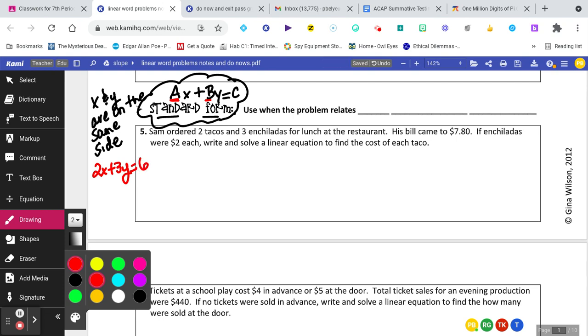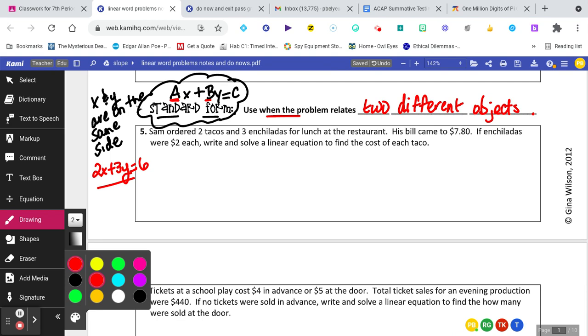All right, but you would use standard form, or you would put x and y on the same side, to write an equation when the problem relates to different objects, guys. So again, yesterday we had a rate of change, like you saw per or each in it, or like I also call it a unit rate. And we also saw some initial starting point, or b.